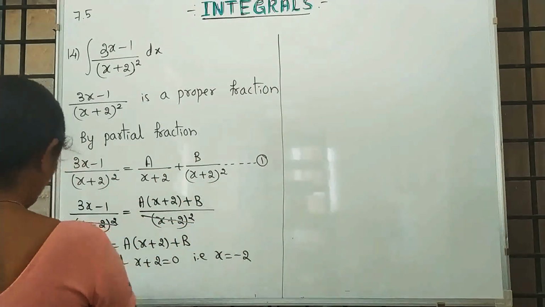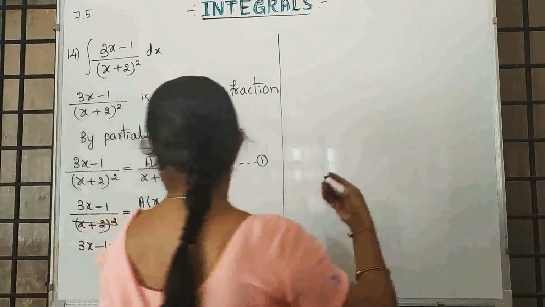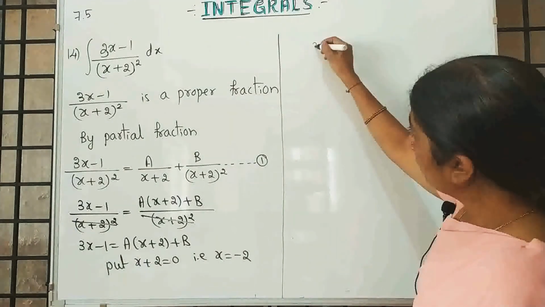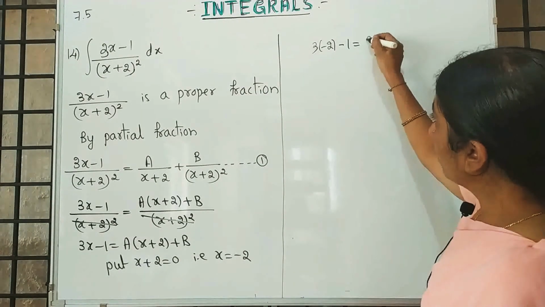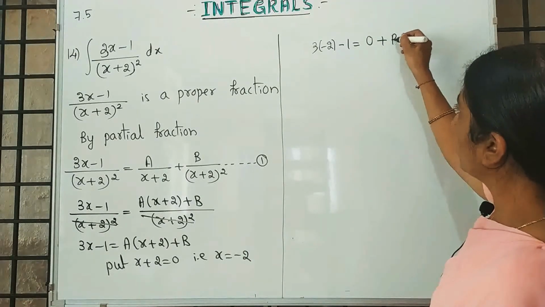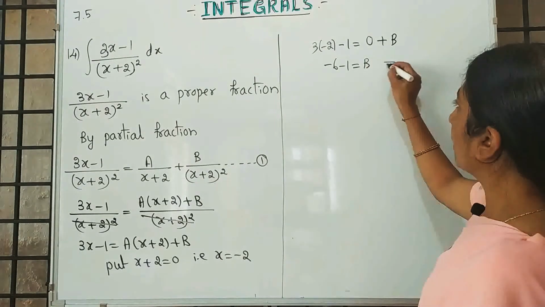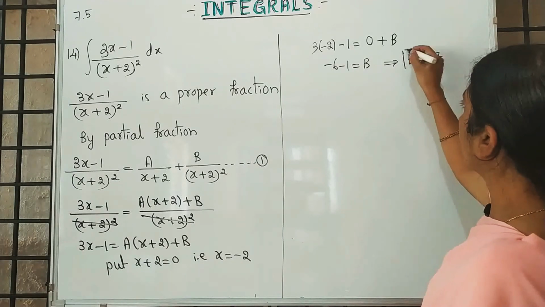We have to write that value on both the left side as well as the right side. It is 3 into minus 2 minus 1. A becomes 0 because minus 2 plus 2 is 0, plus b. Minus 6 minus 1 is b, which implies b is equal to minus 7.